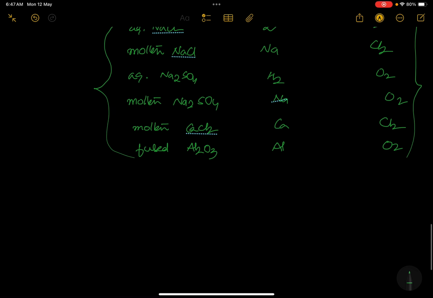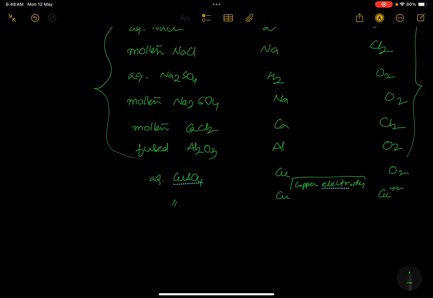As I told you, aqueous copper sulfate will give you copper and oxygen. Aqueous copper sulfate will give you copper and Cu+2 if we use copper electrodes, because they are active electrodes. Similarly for silver nitrate also. I don't want to bore you.